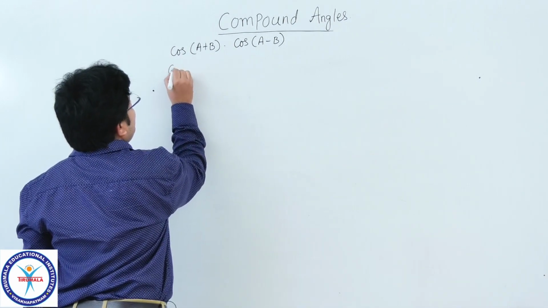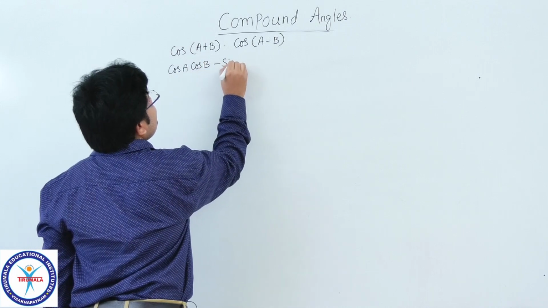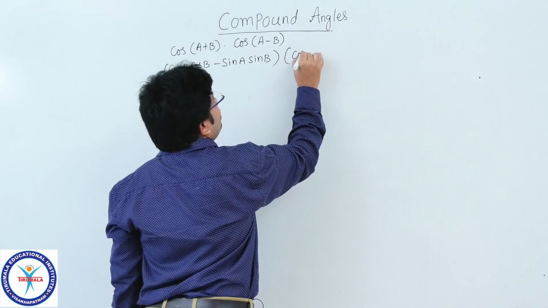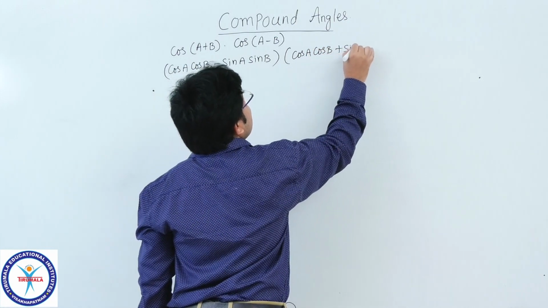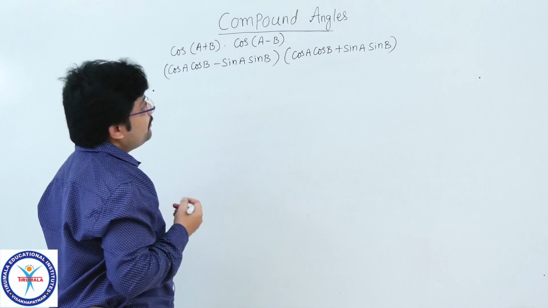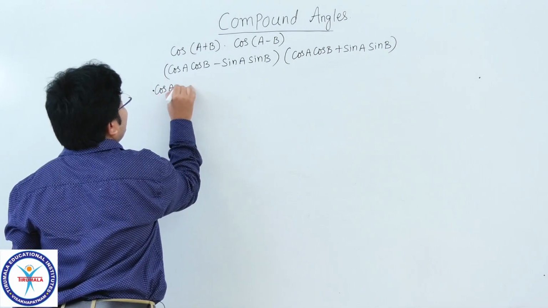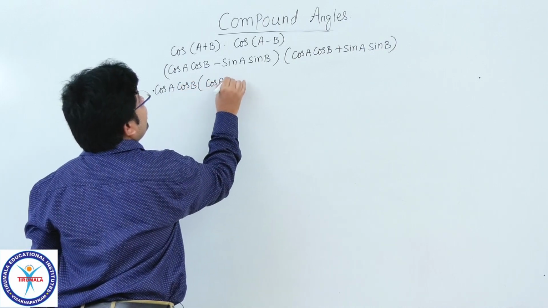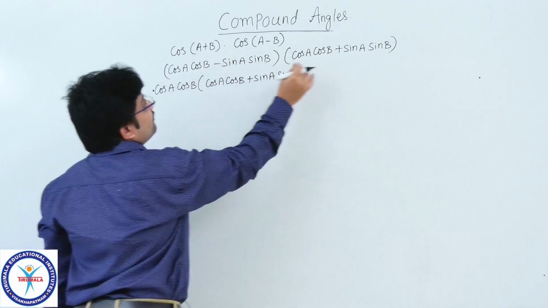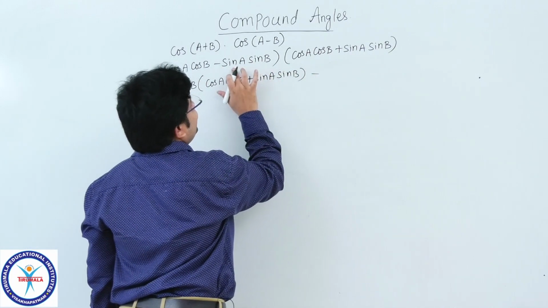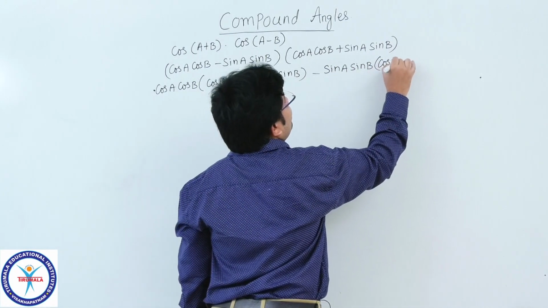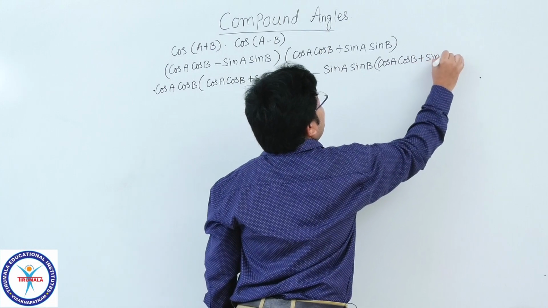So here cos(A+B) is cos A cos B minus sin A sin B, into cos(A-B), cos A cos B plus sin A sin B. Again do the binomial with binomial multiplication: cos A cos B is multiplied with this term, minus sin A sin B is multiplied with the term cos A cos B plus sin A sin B.